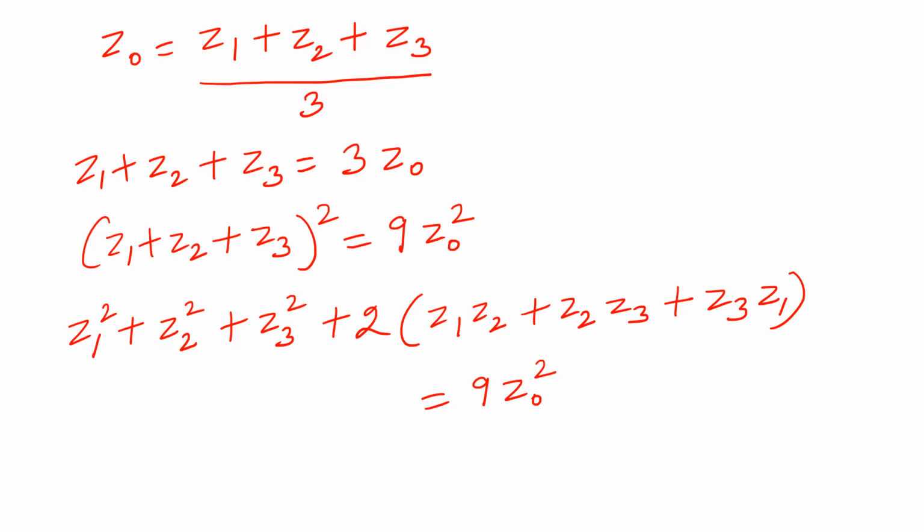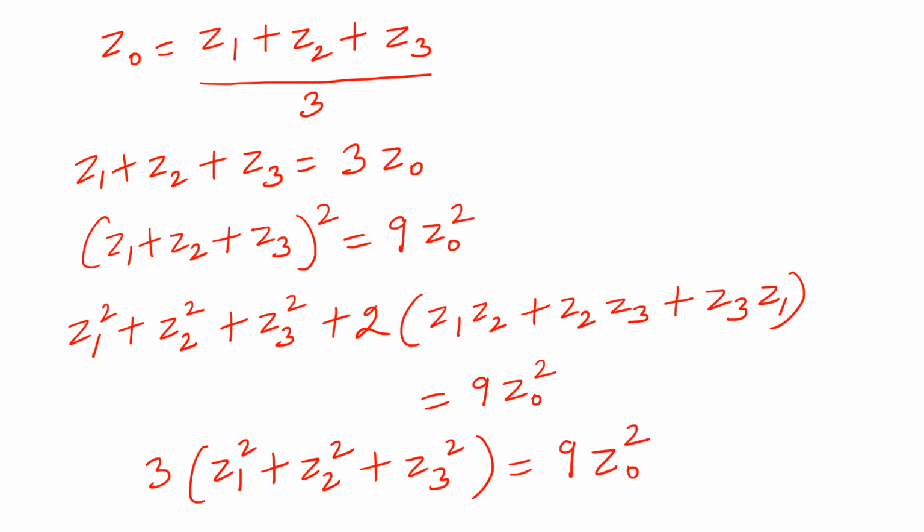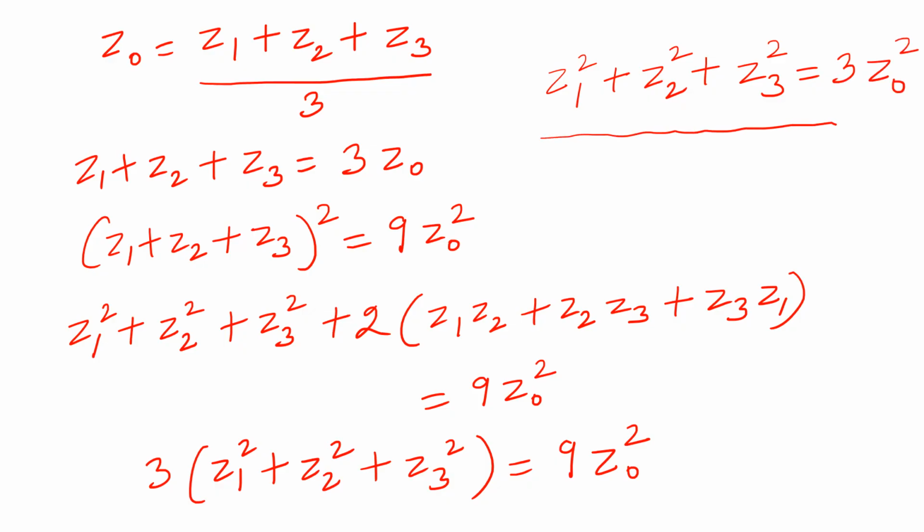So that means the left hand side of this equation becomes equal to 3 times (Z1 square plus Z2 square plus Z3 square), and this is equal to 9 into Z0 square. So from here, finally, we get Z1 square plus Z2 square plus Z3 square equal to 3 into Z0 square. Now students, we will use this equation to find the final value of the summation.